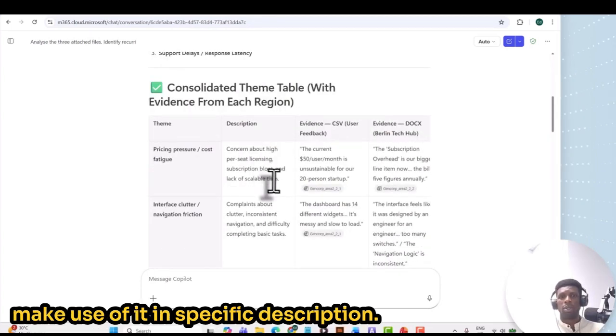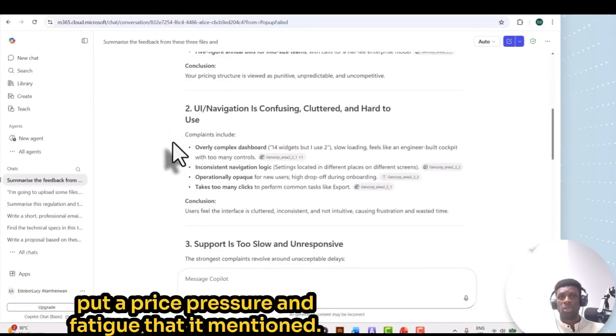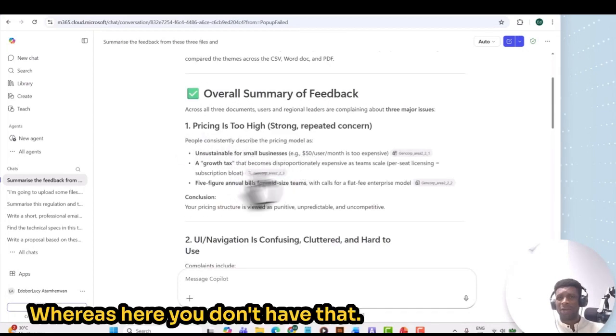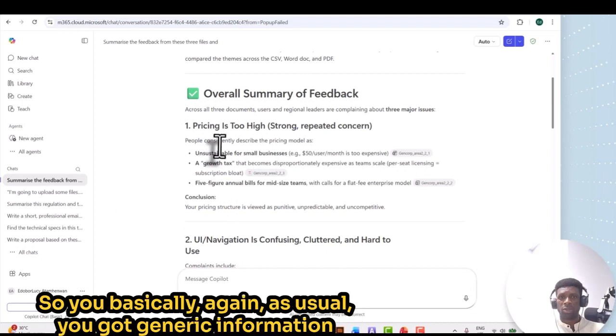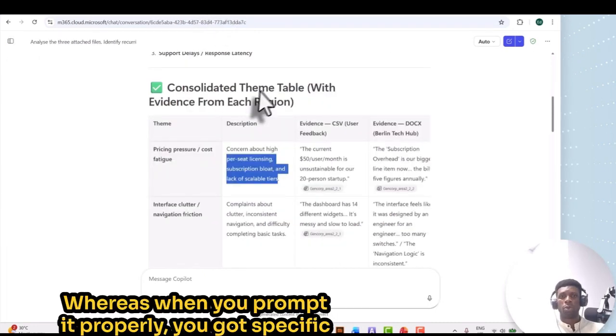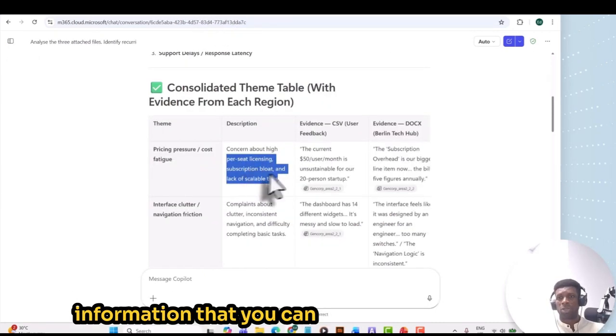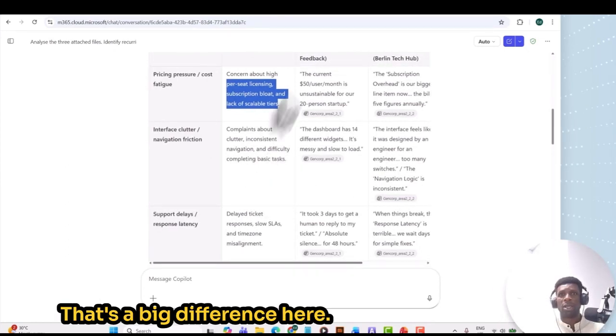In specific description here, for the price pressure and fatigue that it mentioned. Whereas here, you don't have that because you haven't prompted it. So as usual, you got generic information that you can't make use of. Whereas when you prompted it properly, you got specific information that you can create insight out of. That's a big difference here.